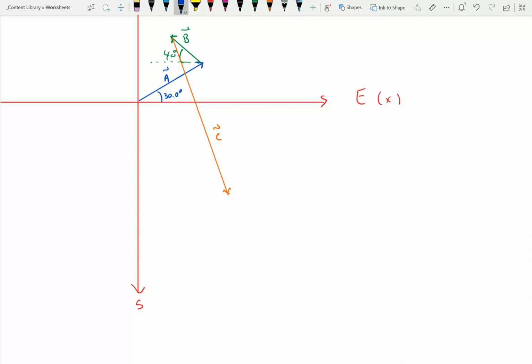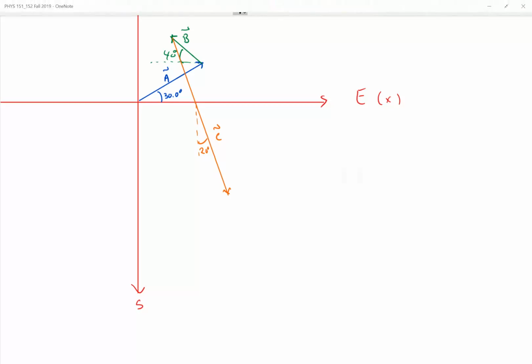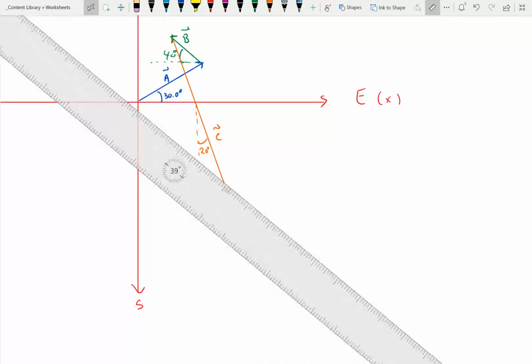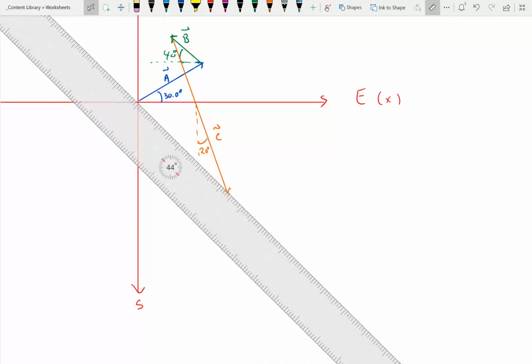And keep in mind this was measured. I will actually do it here just so I'm not in the way otherwise. 20 degrees east of south. So now that I have all of those, to get my answer, I need to draw the line that connects the starting and ending points.